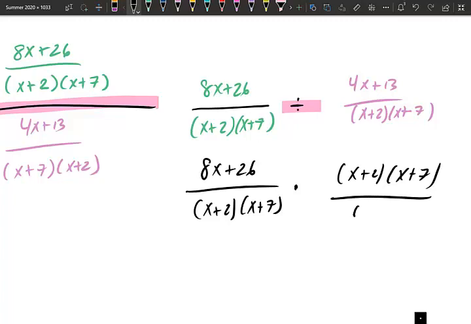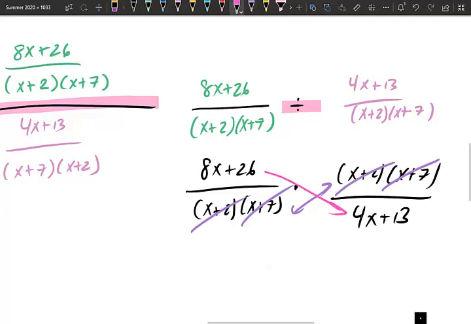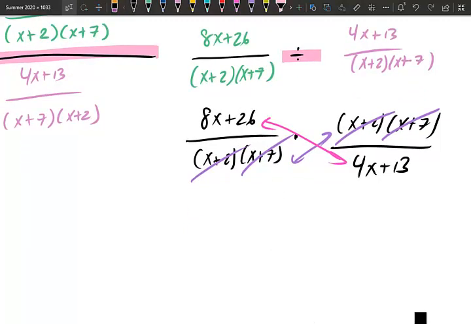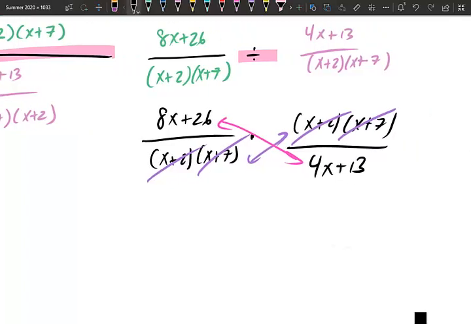After we keep change flip, let's see if they have anything in common diagonally. So here they do, and here they don't. So let's just write what we have left over. What we have left over is 8x plus 26 over 4x plus 13. How do we know we're done? Let's see if we can factor anything.